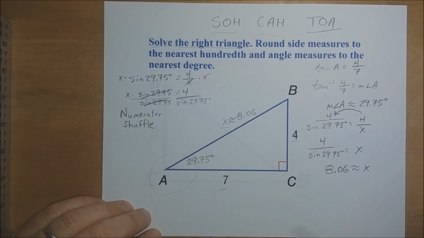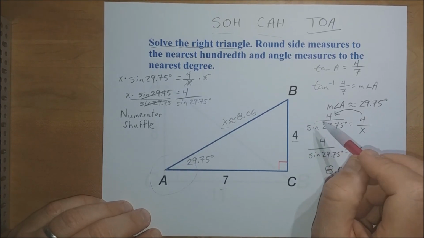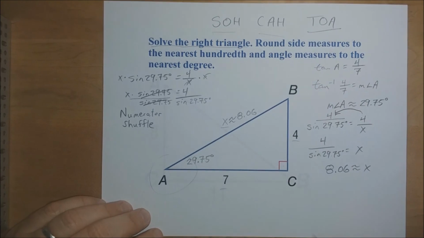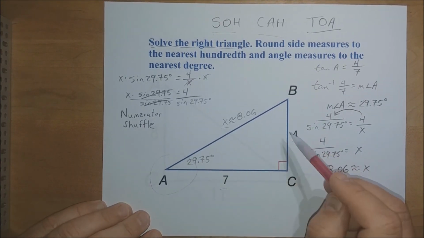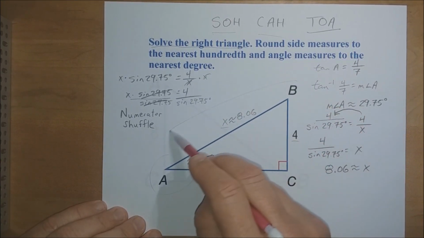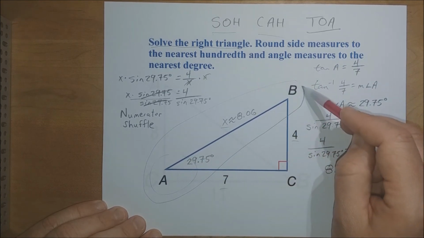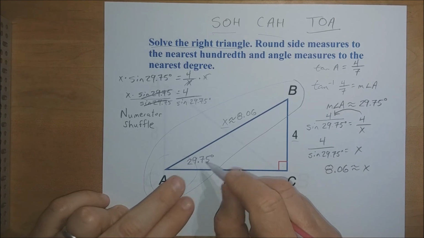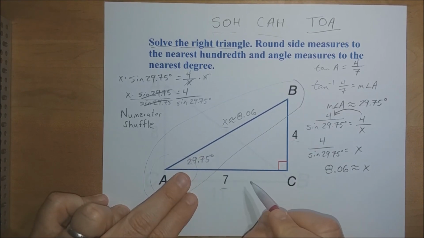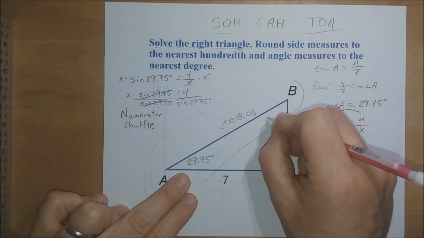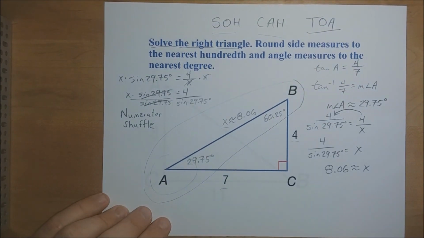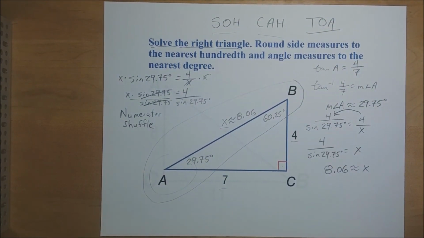As you zero in on the last piece of the triangle you're missing, you probably recognize the triangle sum theorem helps you get the rest of this. Or hopefully you remember the fact that the acute angles in any right triangle are always complementary. So 90 minus 29.75 gives us 60.25 degrees. And we've solved our triangle.